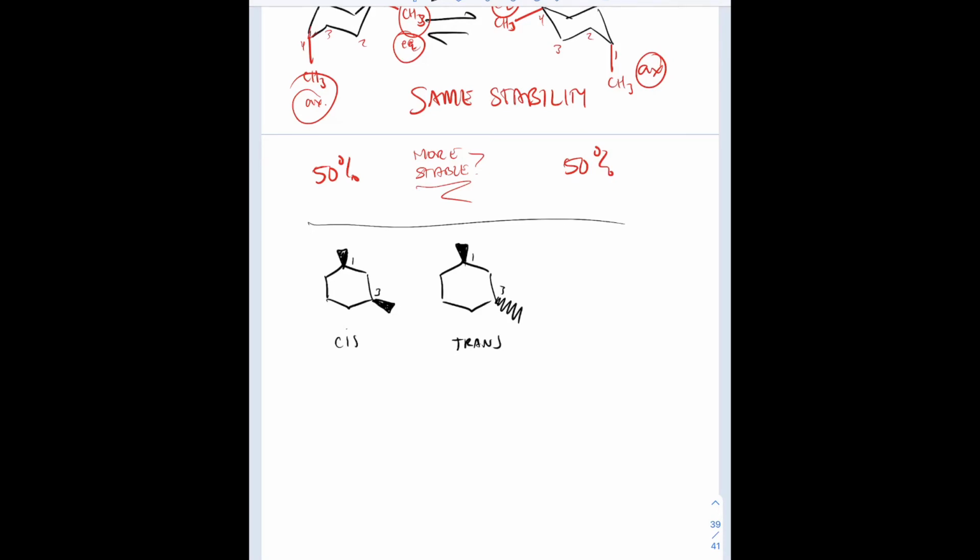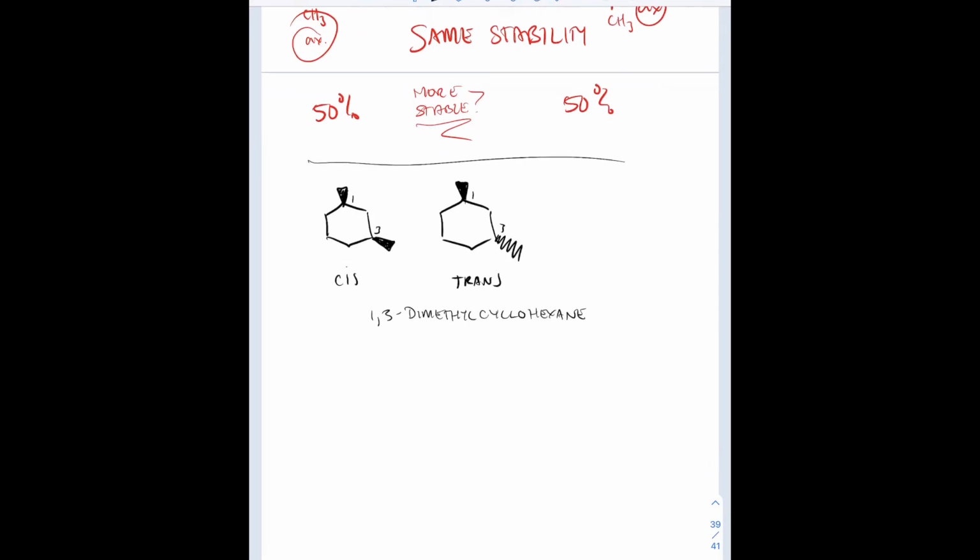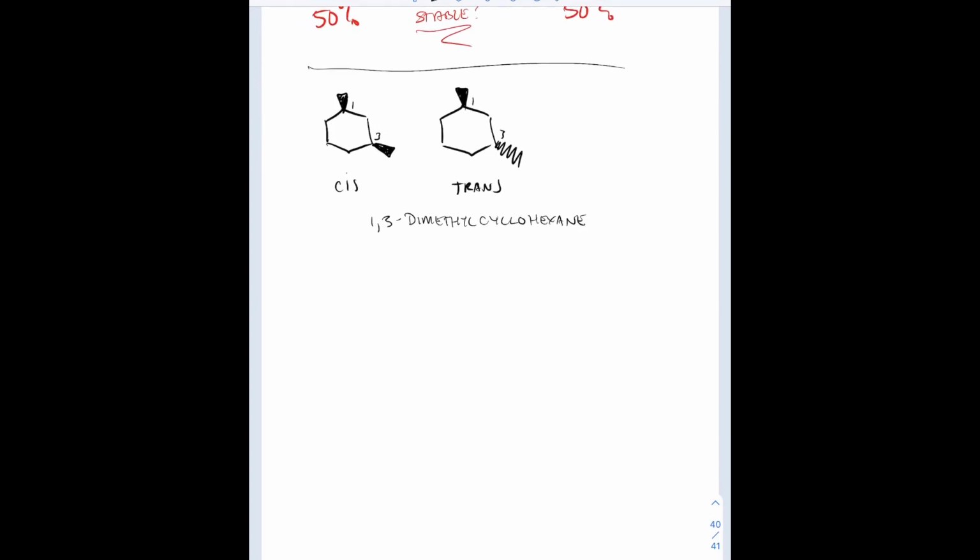The numbers associated with it are a 1,3 now, so this is a cis or trans 1,3 dimethyl cyclohexane.